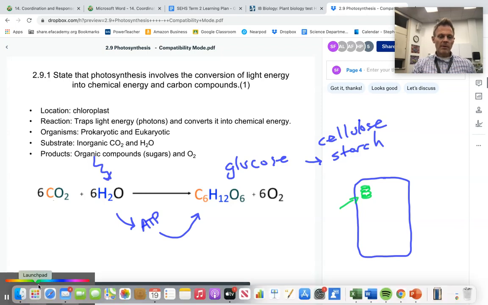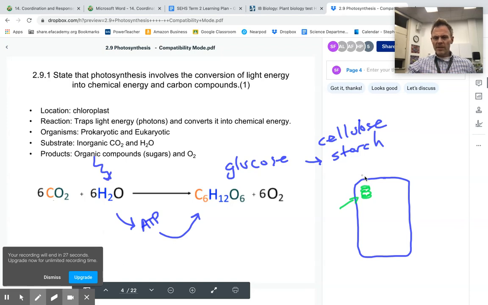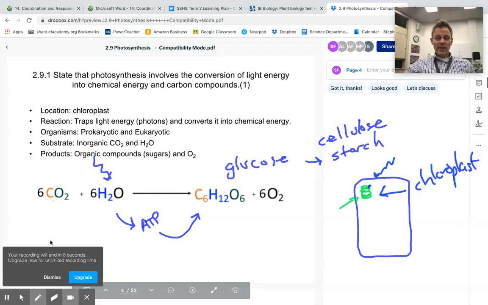And chloroplasts have little pigments on the surface that help capture light. So they're going to capture the light's energy and do this thing called breaking water. So there's our chloroplast. And that's where all the photosynthesis happens. And that's where that conversion of light energy to chemical energy and organic compounds, carbon compounds, takes place.